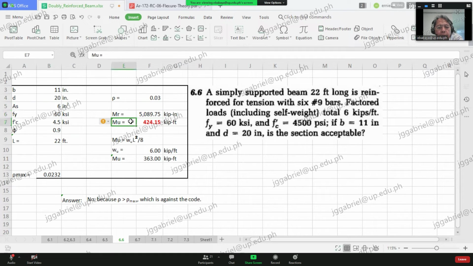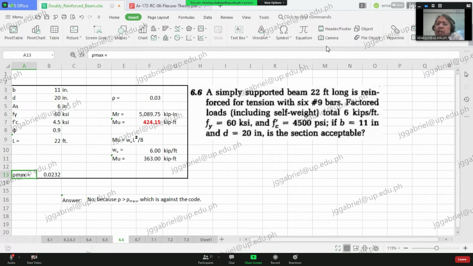So your MU is 424.15. Comparing this and this, it seems acceptable, right? But we have to check the rho because rho max is 0.0232. That is the maximum steel ratio.